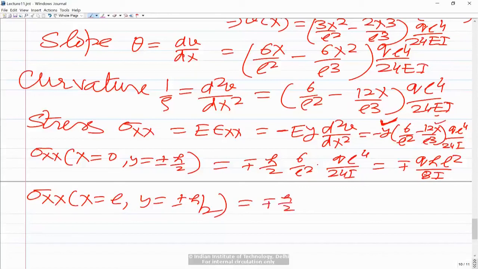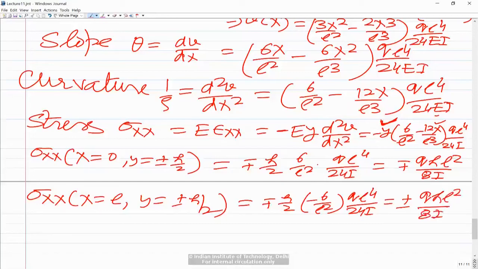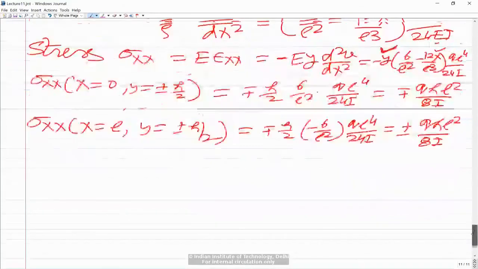So if you put capital X equal to small l, we will get minus 6 by l square, and then we have this QL power 4 upon 24I. If you simplify this, you will get plus or minus QH L square upon 8I. So you see the signs of the stresses are actually opposite.